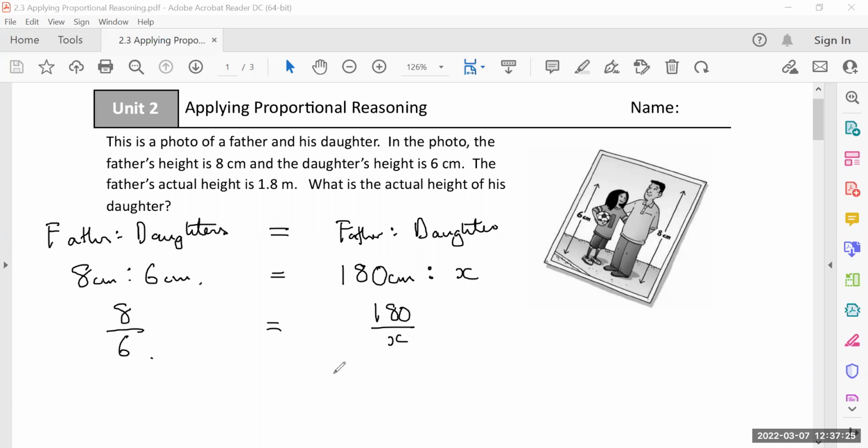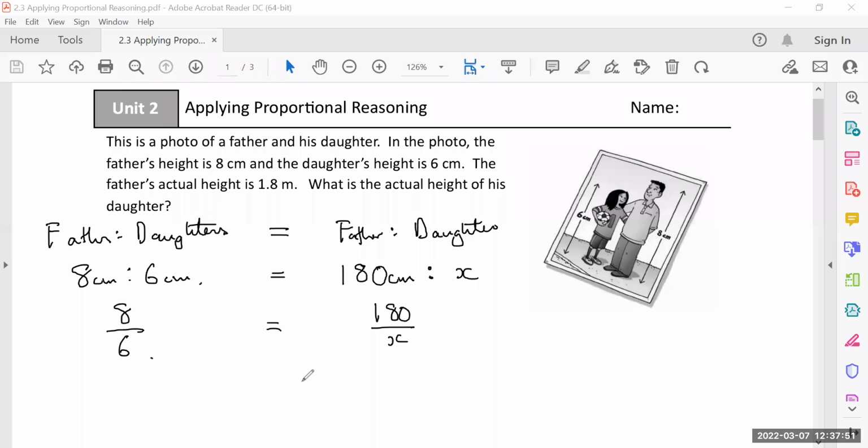Ultimately, my goal is to get x all alone, right? At the end of the entire sentence, it's like, what does x equal? There's a couple of ways you can do it. But a lot of it does involve just some logical reasoning, like, okay, what do I multiply to get 180? That same number I'm going to multiply to get to x.